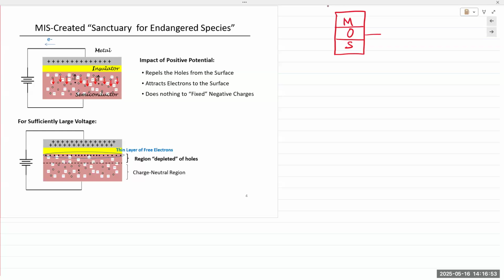The O refers to oxide, the oxide refers to silicon dioxide, okay, which is actually an insulating material. So silicon dioxide is an excellent thermal as well as electrical insulator.